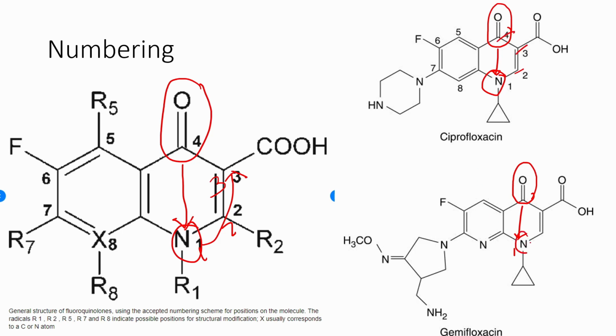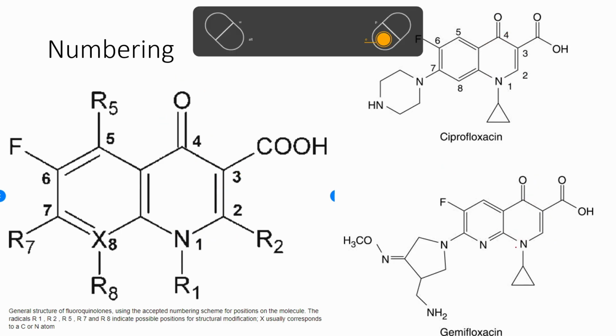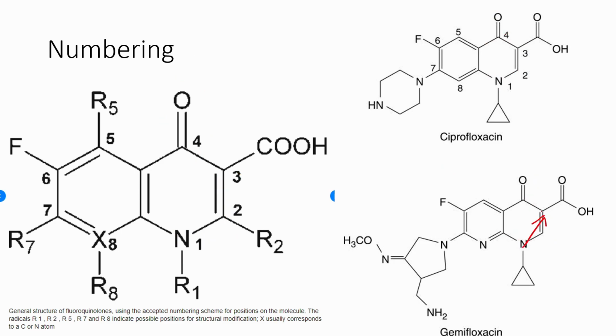Again, 1 going towards our carboxylic acid. 2, 3, 4. Okay? You're not going to count the opposite direction. It's because you're going to give carboxylic acid a lower numbering, so that you're going always to count towards carboxylic acid, not away from carboxylic acid. Okay? This is wrong. Always towards carboxylic acid.